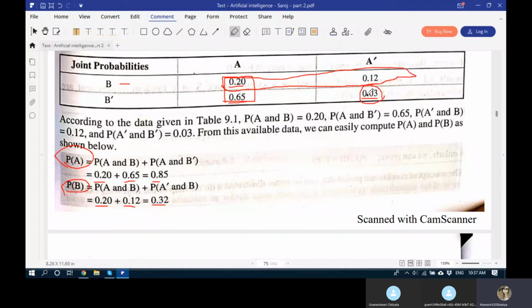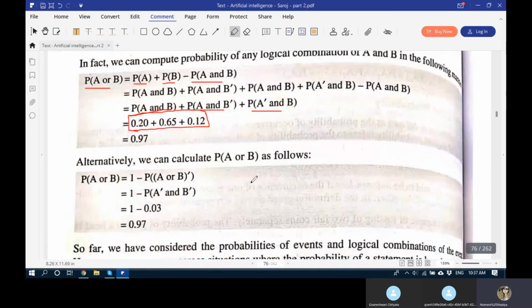So if you say 1 minus, because if you remember, the sum of all these probability values is equal to 1. If you perform sum of these three, or if you say 1 minus this, it gives the same result. So here you are getting 1 minus 0.03, which is equal to 0.97, which is equal to the value obtained by summing. So I hope that this is clear.